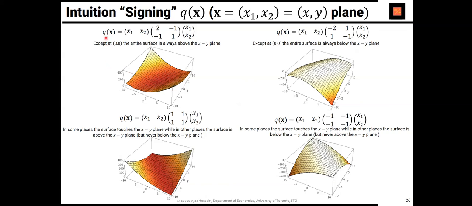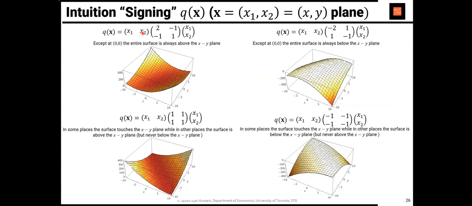Take a look at this quadratic form. Okay? Notice how the matrix is symmetric. If I went to Wolfram Alpha, which I did, and plotted this thing in 3 dimensions, it would look like this. If you take a very close look, you will notice that at the point 0, 0, the value of this quadratic is equal to 0, right?